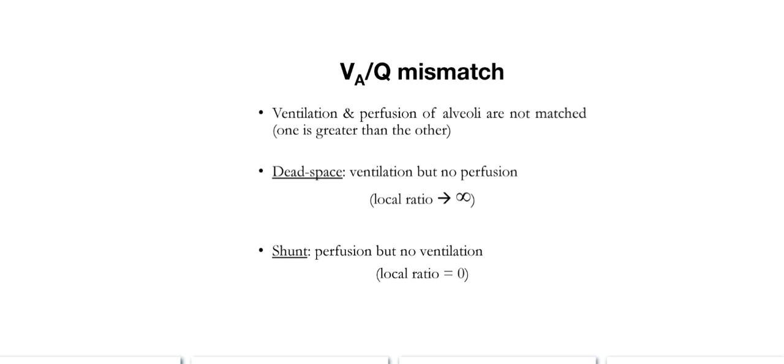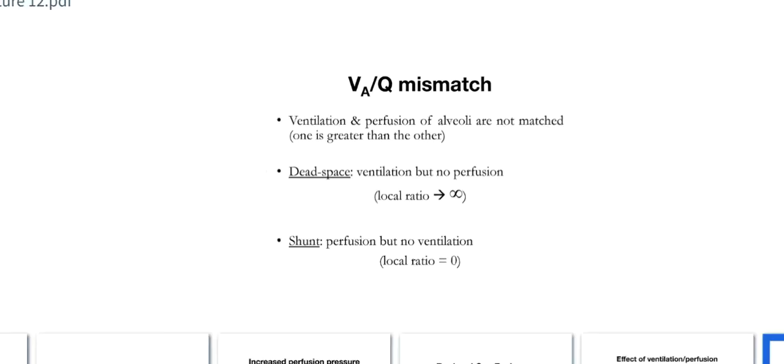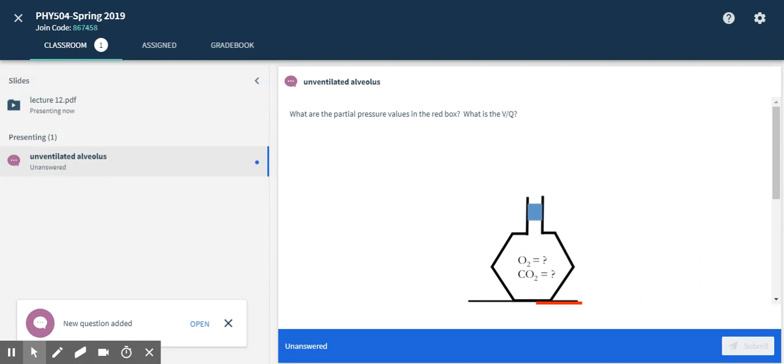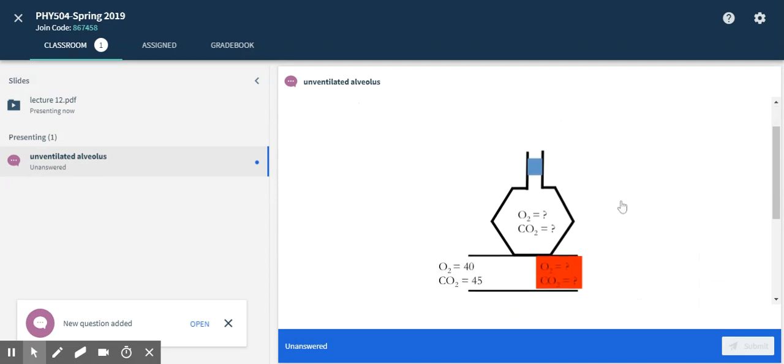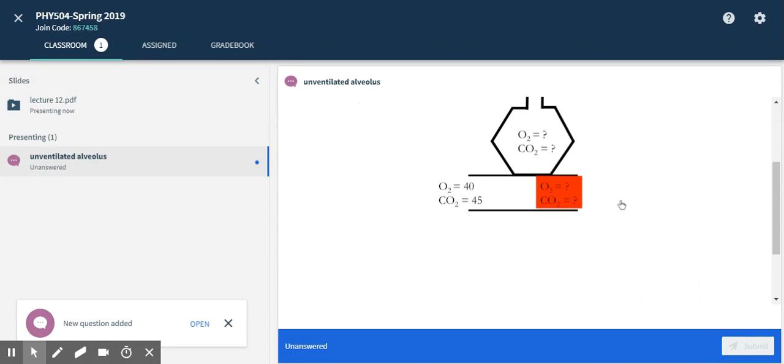Okay, so your body does have ways to adapt to these issues so that you can try to repair and get these VQ mismatches back into the normal ratio. So, first example, I have 3 that I want you to run through really quickly just to see if we're all on the same page. In this example, we have an alveolus, which is my hexagon. On the bottom is your blood flow.